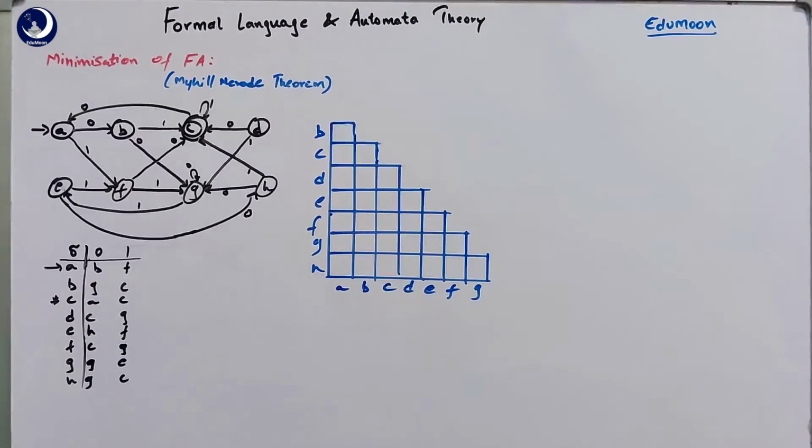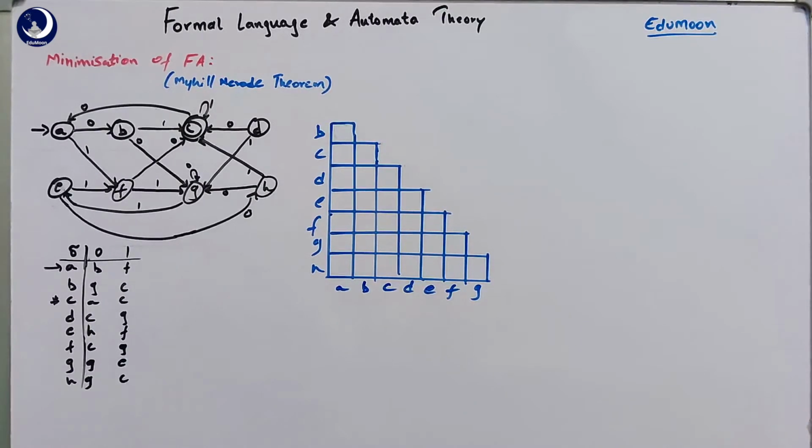Now we start the actual process of working. How do we reduce the machine? We take the first combination, that is AB, which we marked in green earlier. Okay, before doing that we shall see the final state. The final state here in the diagram is C. So we consider the blocks with the combination of the final state, that is AC, BC, DC and so on.